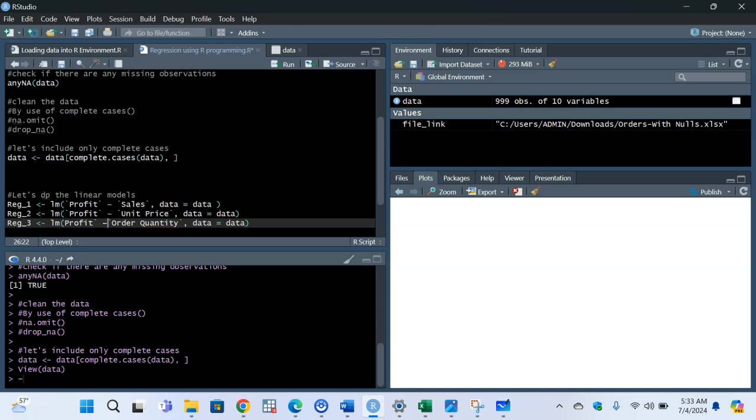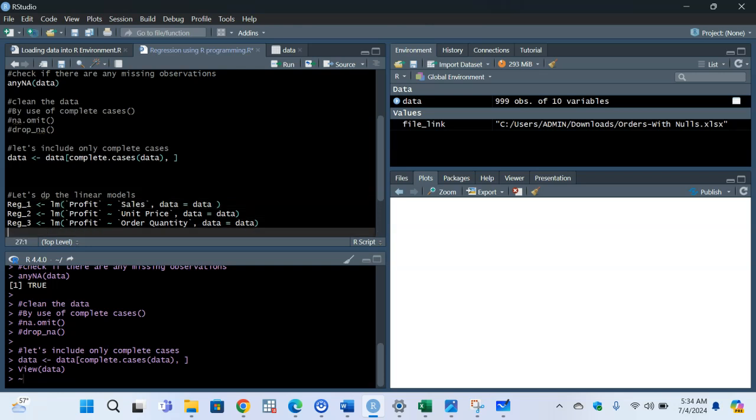There's too much space there. We don't need this. So there we have our 3 variables that we are planning to do regression models on. So the 3 models are here.